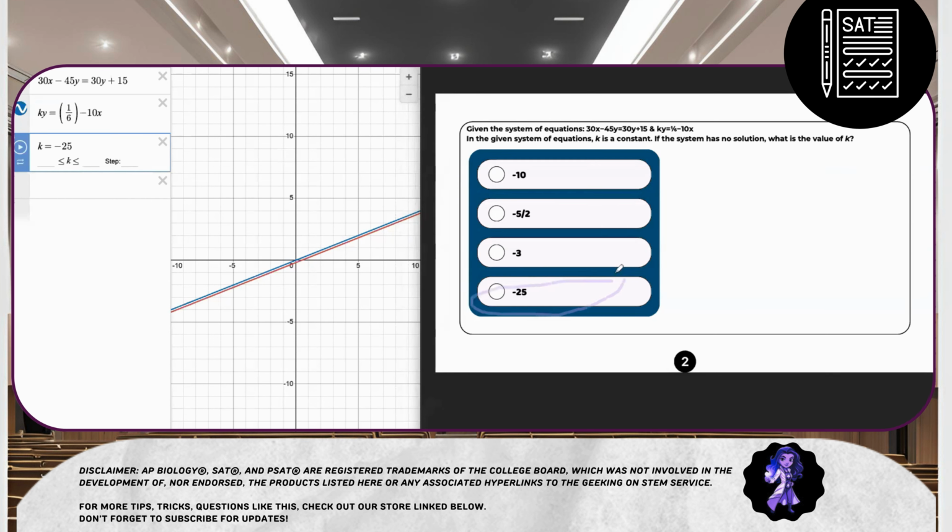So D would be the best answer choice because we were able to plug those numbers in for the value of k and see our lines are matching up as parallel. This is great if you have a multiple choice format to use Desmos because you have answer choices to pick from to then plug in for the value of k here.